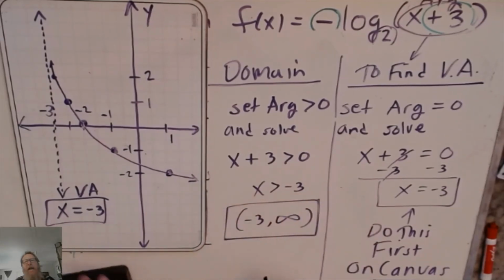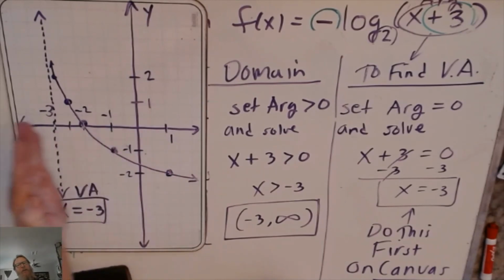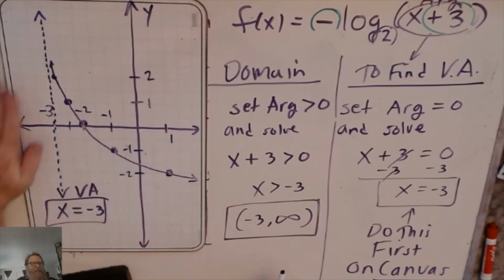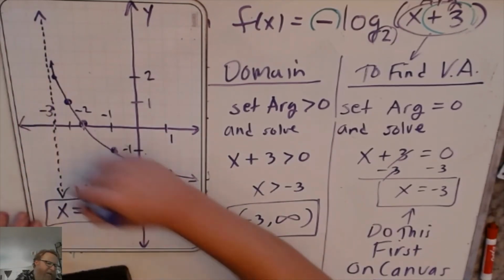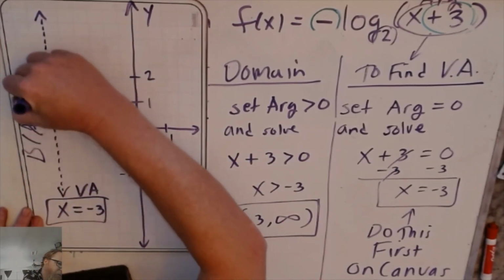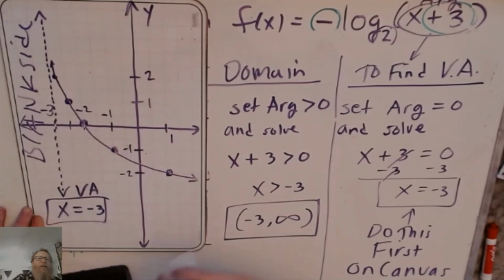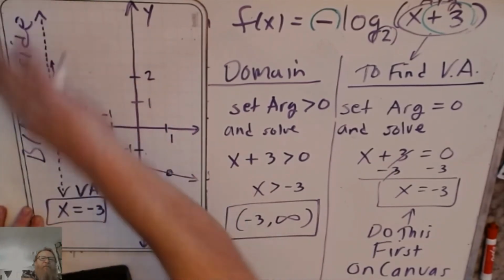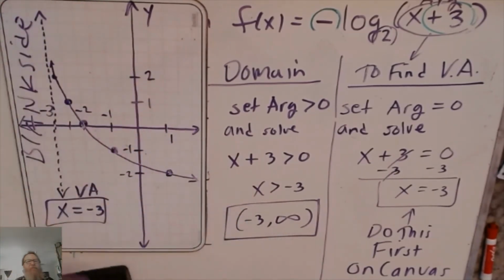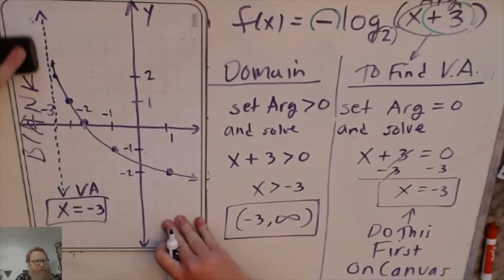So the domain is x is greater than -3. Look at the picture. Yeah, x is always greater than -3. So this side of the graph is blank. There is nothing on this side of the graph. Not even the word blank side. I just wrote that for your eyes only. So this side is literally empty.